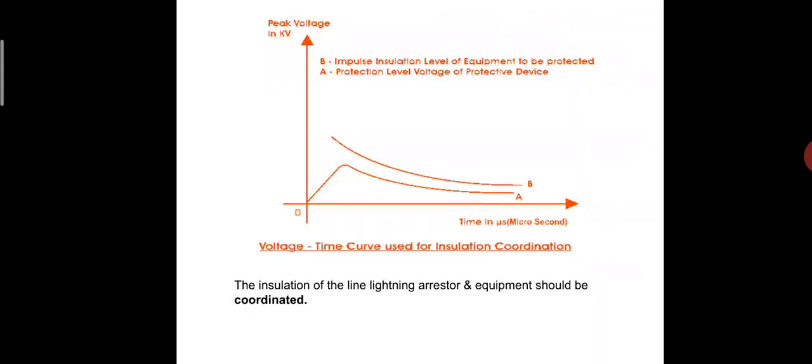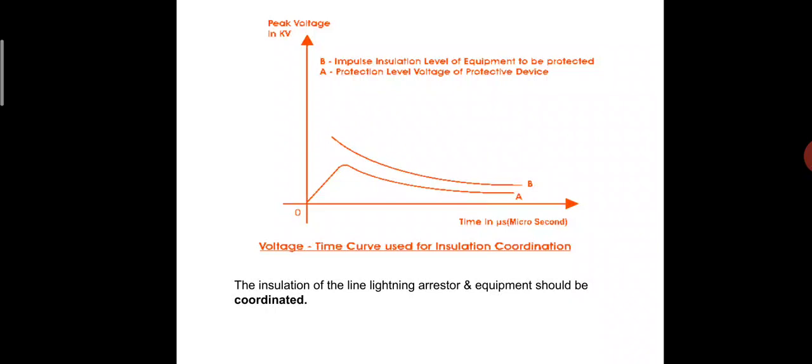This is the voltage-time curve used for insulation coordination. In the graph, the x-axis is the peak voltage in kV and the y-axis is time in microseconds.